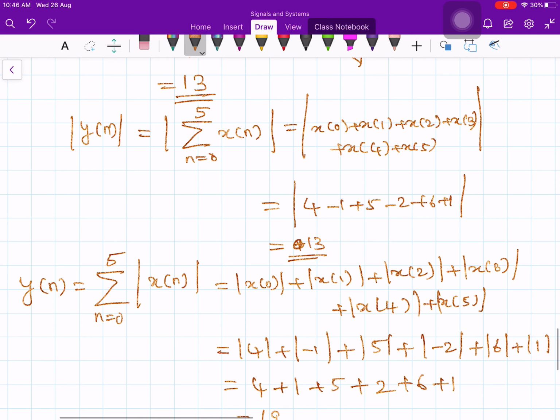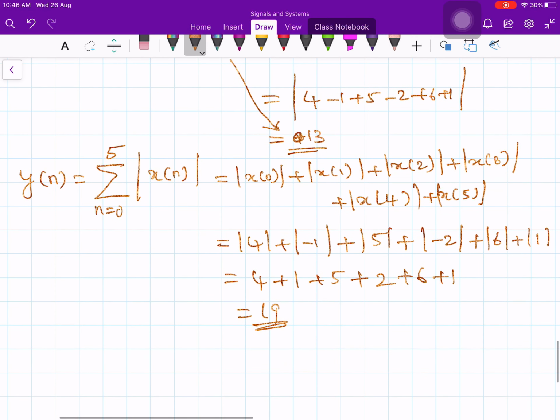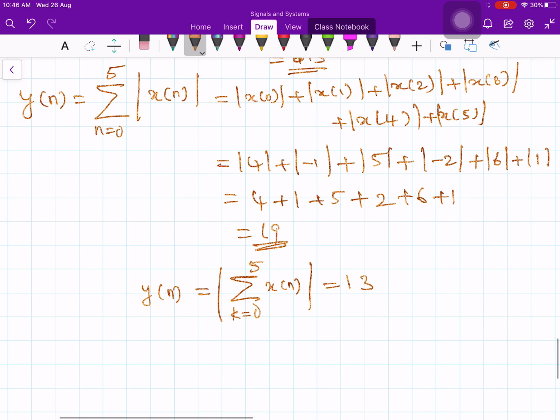So y of n, if you write like this, k equal to 0 to 5 x of n, and you take the magnitude, then it is 13. But if you write k equal to 0 to 5, then mod of x of n, this is 19. Therefore this is bigger than that one, right?